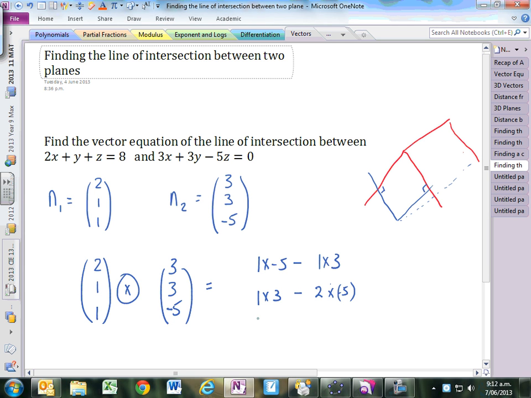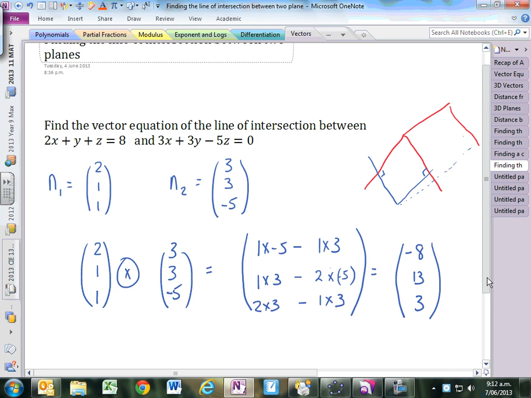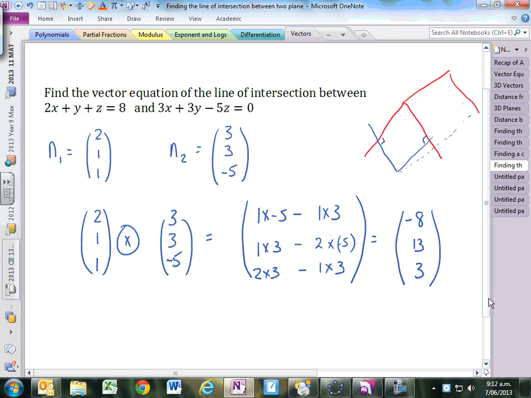And then to get the bottom one, I'm going to say 2 times 3 minus 1 times 3. So what have we got now? We've got -8, 13, and 3.